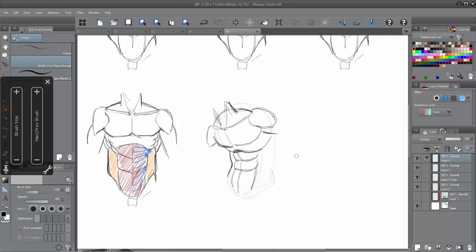The obliques don't have any tendons going across them, so you don't get a separation as such. You won't get a big hard line like that. But what you do get is skin folds. So you get a little crease like that.